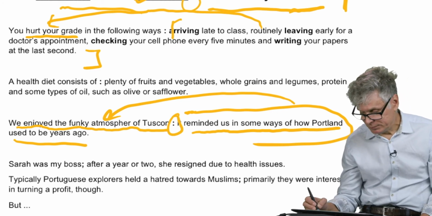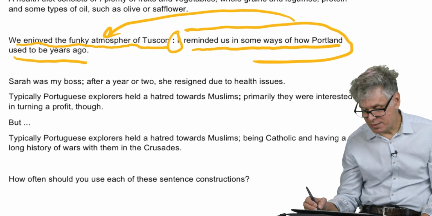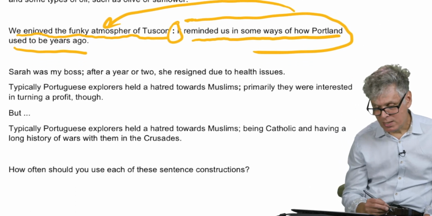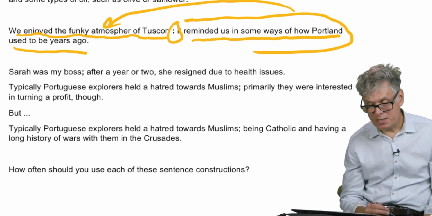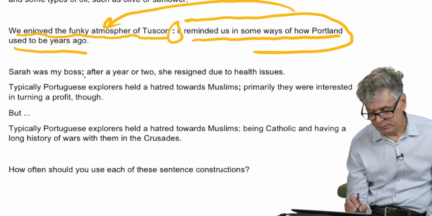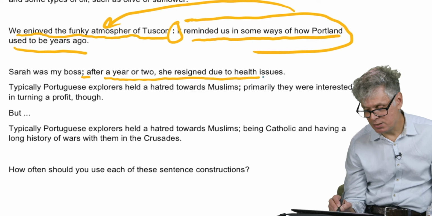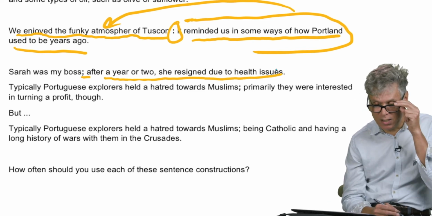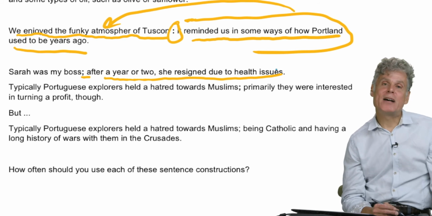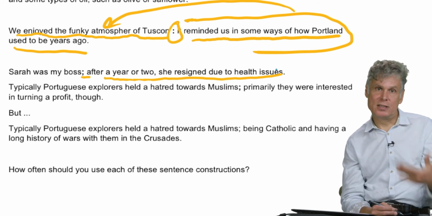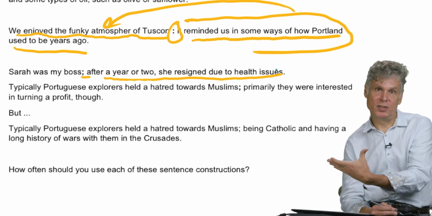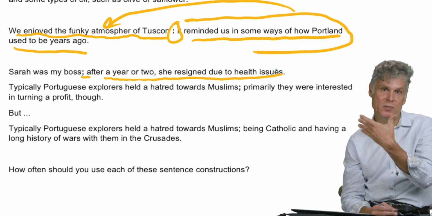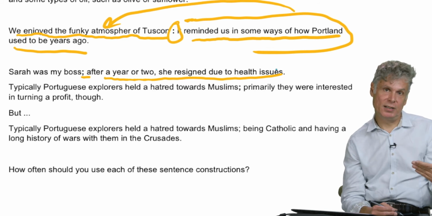Okay. So now we're going to move on to the semicolon. My example is, Sarah was my boss; after a year or two, she resigned due to health issues. Notice that this is about sequence. She was my boss, and then she wasn't my boss. And this thing happened after this thing.